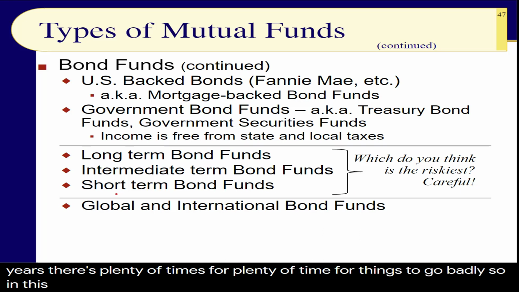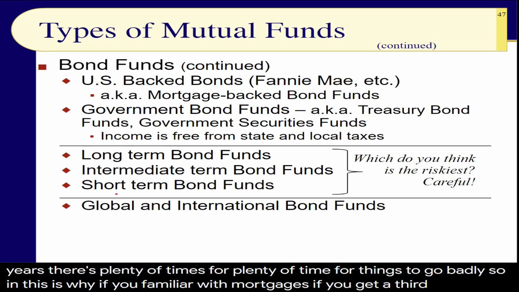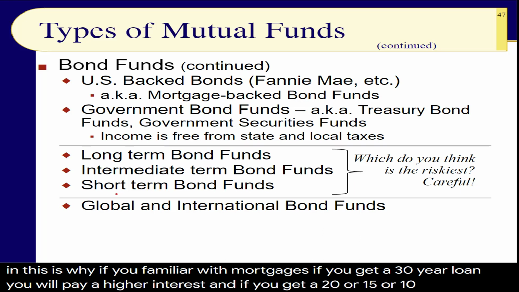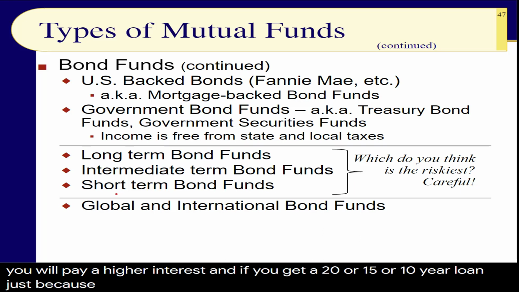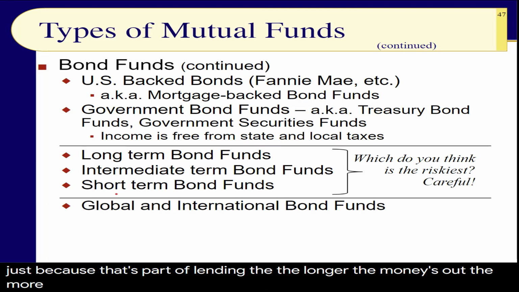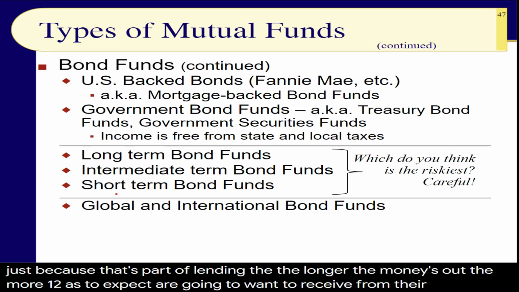This is why, if you're familiar with mortgages, if you get a 30-year loan, you will pay a higher interest than if you get a 20, 15, or 10-year loan, just because that's part of lending. The longer the money's out, the more interest the lenders are going to expect to receive from their investments.